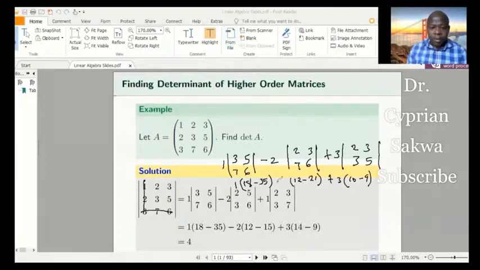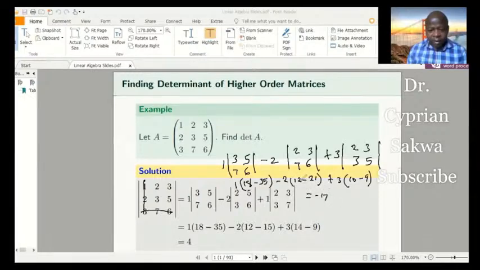So this was minus 2. So this is 18 minus that 5. That's correct now. And this is 12 minus 21. And this is 10 minus 9. So what is 18 minus 35? This is negative 17.